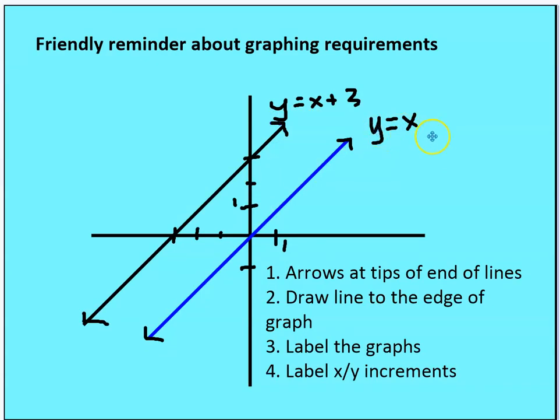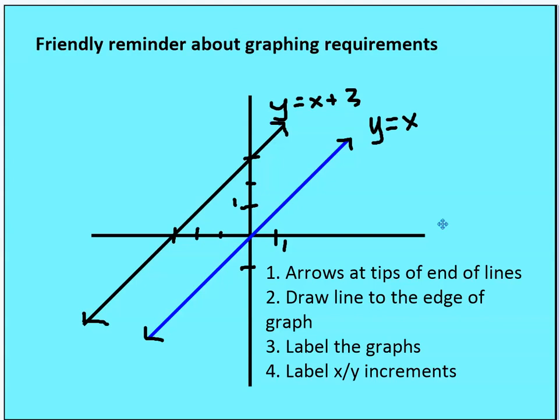It might look something like this. My parent function y is equal to x, and then y is equal to x plus 3. I have that function x, and then I'm adding 3 to it. I just want to remind you of a couple things from the last lesson. Put the arrows at the tip ends of the line so that they are lines rather than segments. Do your best to draw the line to the edge of the graph.